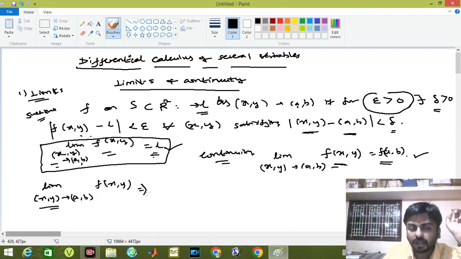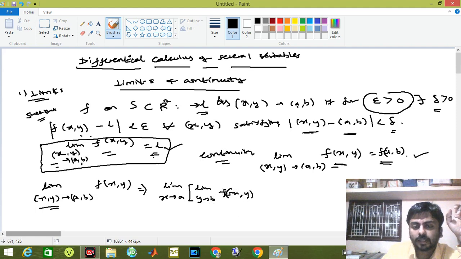Sometimes it is possible to find it separately, like this: limit x tends to a, and after that limit y tends to b of f(x, y).